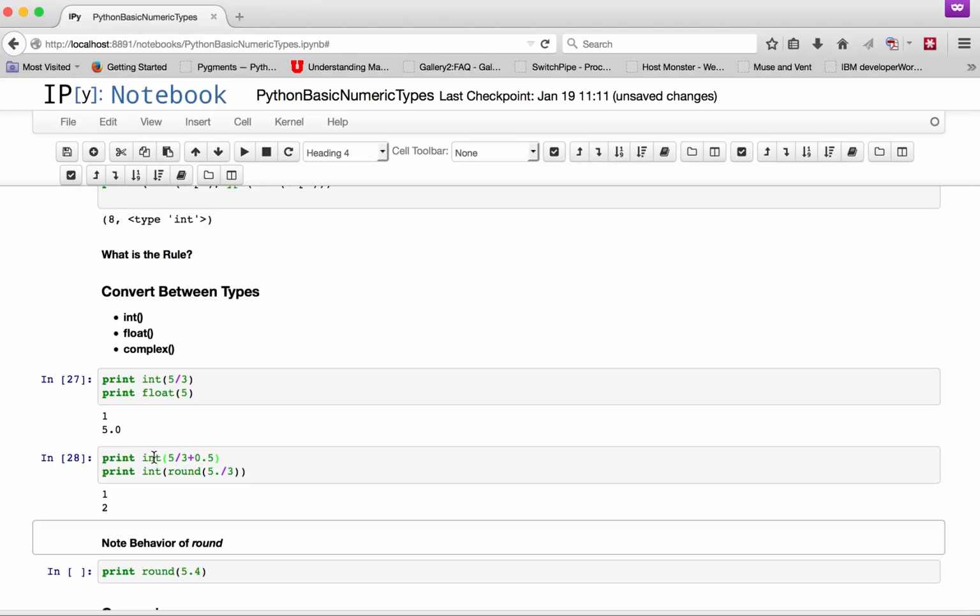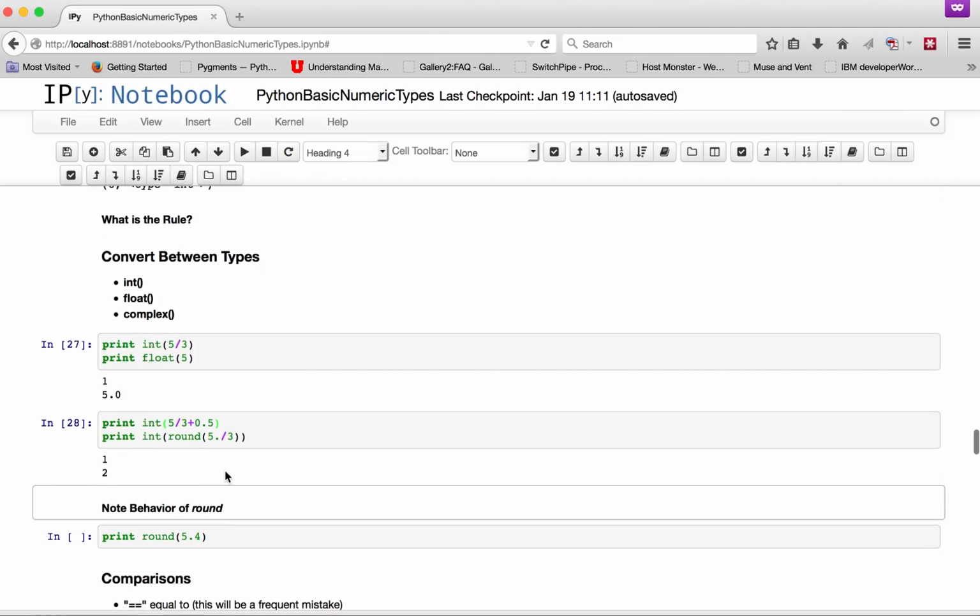And then we're converting it to an integer, which drops off the decimal component of the number to give us 1. Here we are taking 5 divided by 3, which will give us a floating point number, and then we're converting this to an integer.